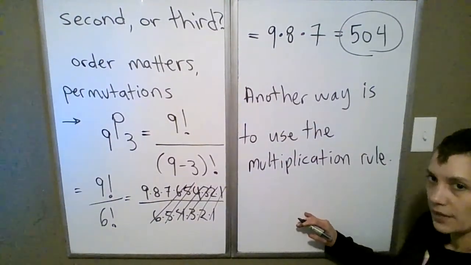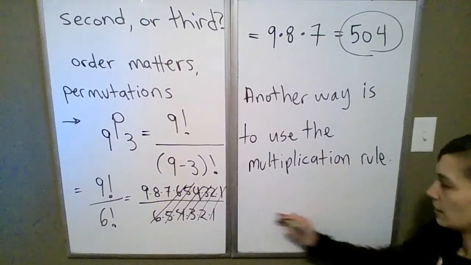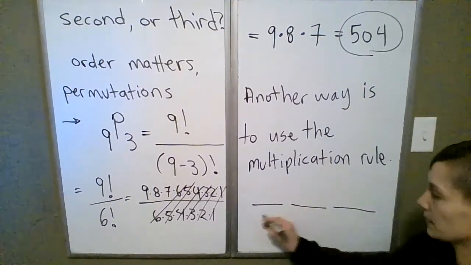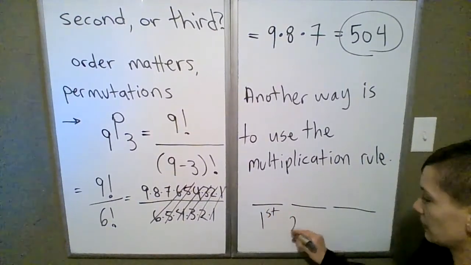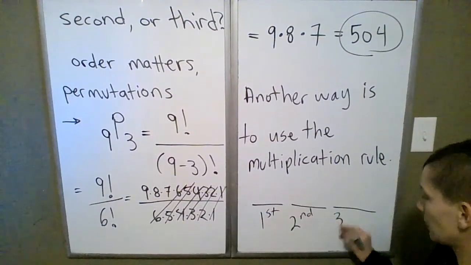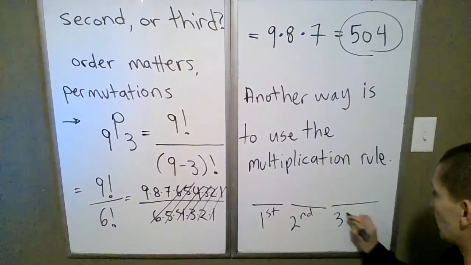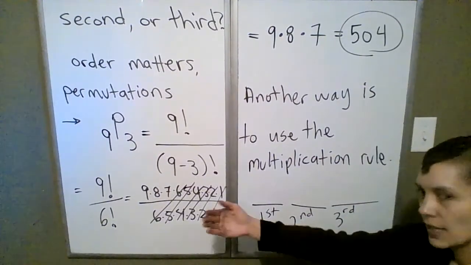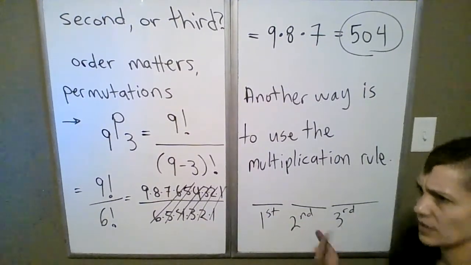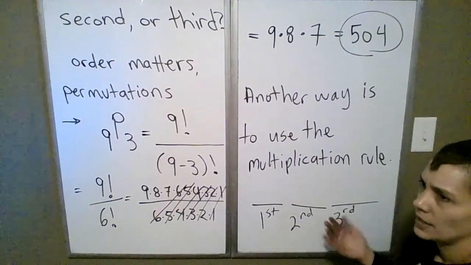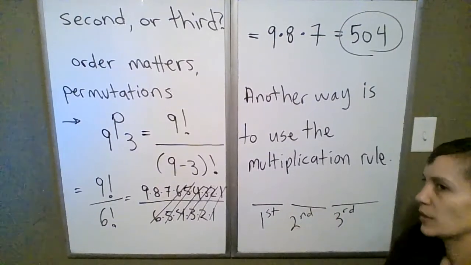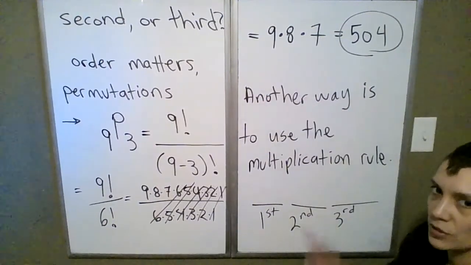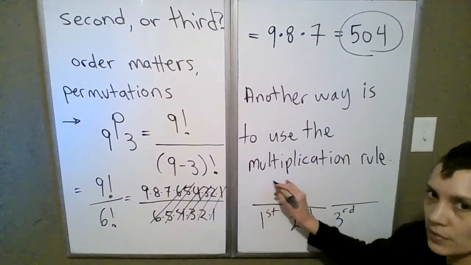I'm thinking about having 3 spots. First place, second place, third place. The swimmers are coming and they cross the finish line or something like that. And for the first person who gets first place, there are 9 choices, 9 people to choose from for that first spot.